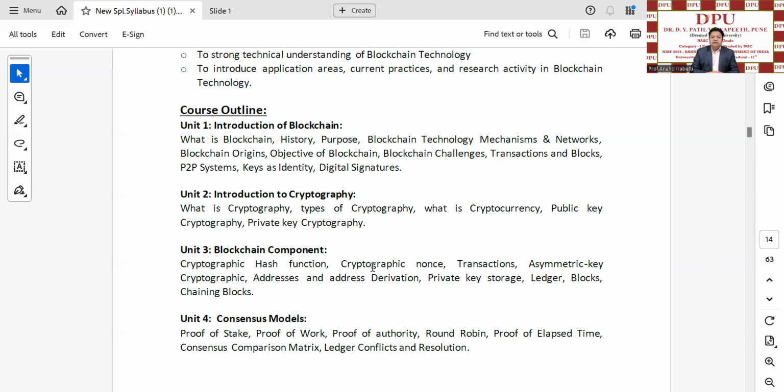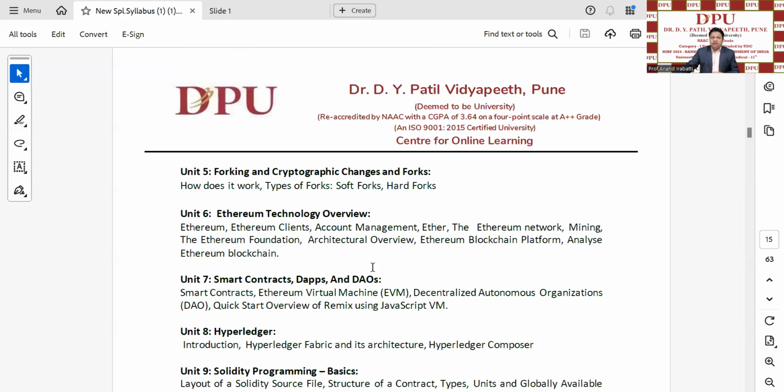Then we will have the comparison matrix of different consensus models, that is proof of stake, proof of work, proof of elapsed time, and round robin. We are going to compare this. And then we are going to learn about the ledger conflicts and resolutions. That is all from unit number 4, that is consensus model.